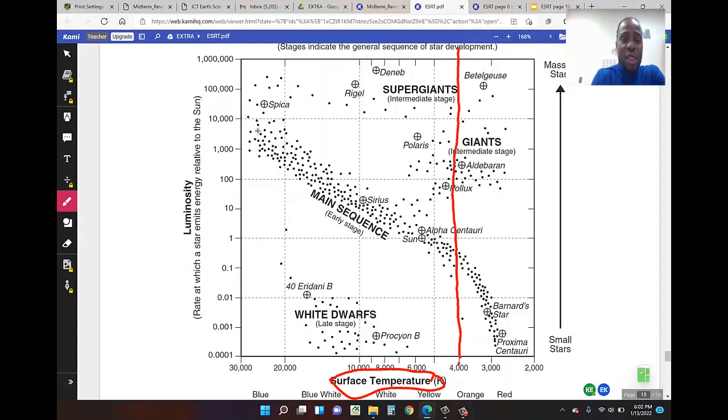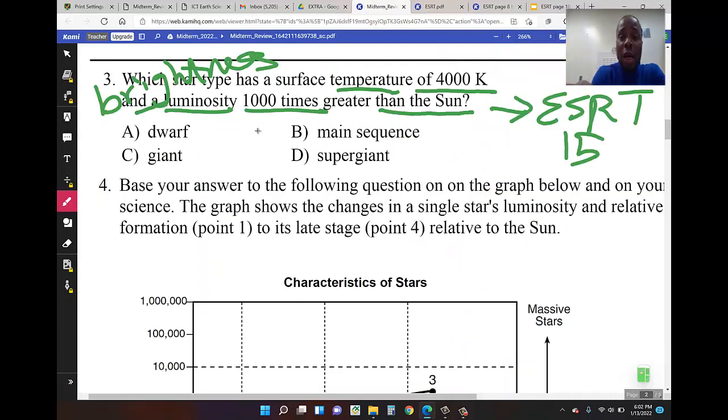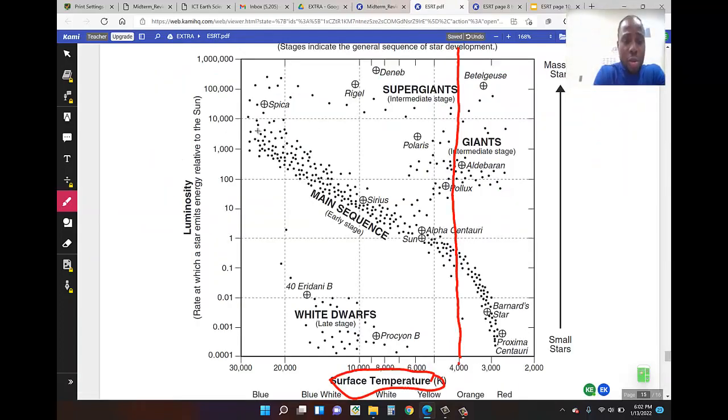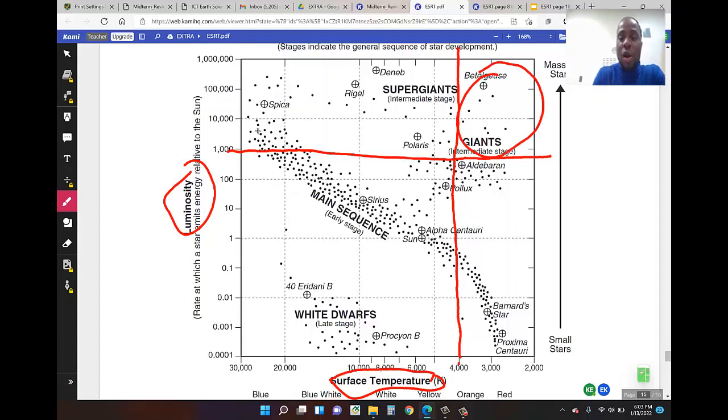And then it has luminosity 1,000 times greater than the sun. So the luminosity is this side, brightness, and 1,000 I'll draw this way. So we are looking at something around this region. All those stars that are 1,000 times brighter than the sun, and then 4,000 Kelvin in terms of temperature.